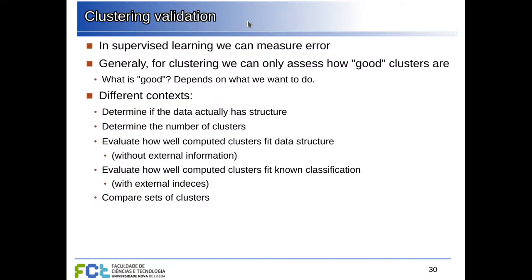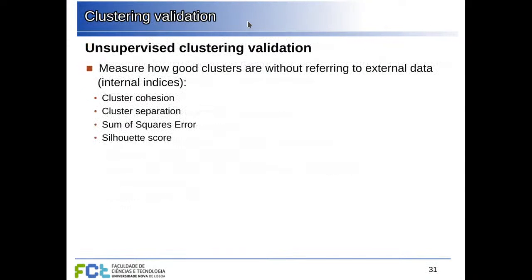So we can actually compare our clustering with some external indexes that tell us what groups each example should belong to. Or we can even compare different clusterings. We can see how similar or different they are.